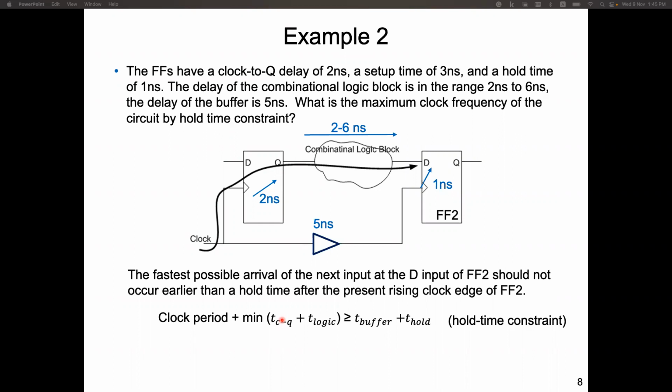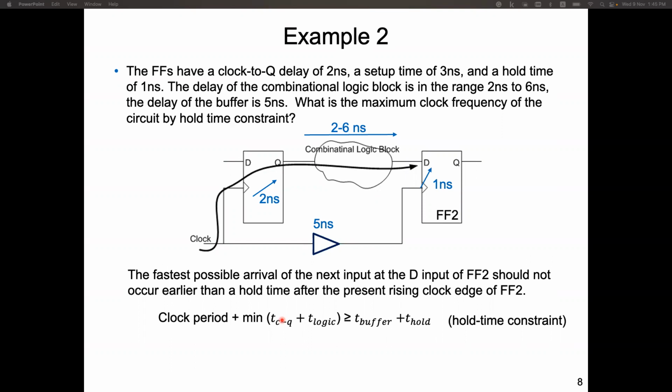Okay, still use this graph. Let me redraw this. Let's draw the fastest path. So this is the first flip-flop's clock, the second flip-flop's clock.